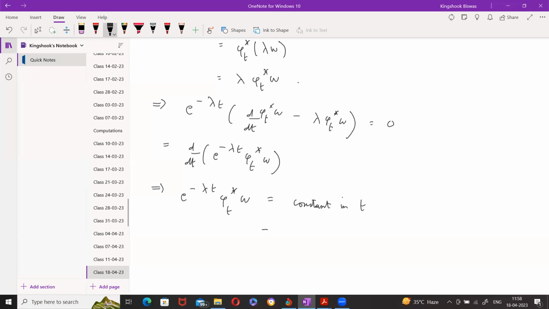And so it's equal to the value when t is equal to 0. So when t is equal to 0, this is e to the minus lambda 0 into phi 0 star of omega. Phi 0 is the identity. E to the minus lambda 0 is 1. So this is omega. So that's it. So then you take the e to the minus lambda t to the other side and you're done. Okay?